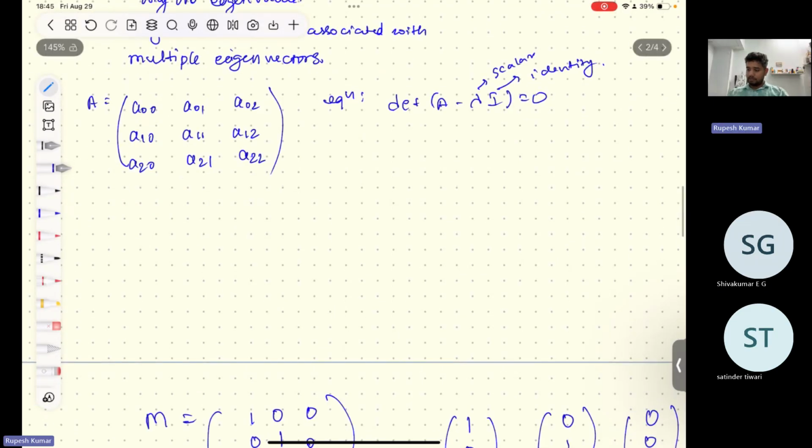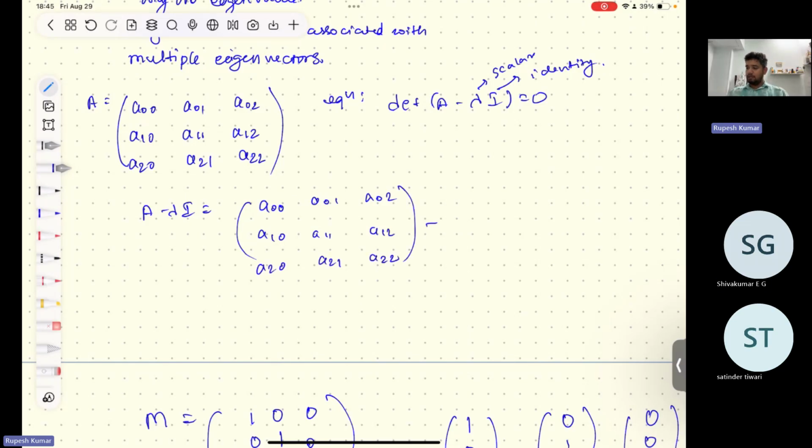So let's write this. A minus lambda I, how does this look like? It looks like the matrix A00, A01, A02, A10, A11, A12, A20, A21, A22, minus lambda into I, basically lambda into 1, 0, 0, 0, lambda into 1, 0, 0, 0, lambda into 1, right?